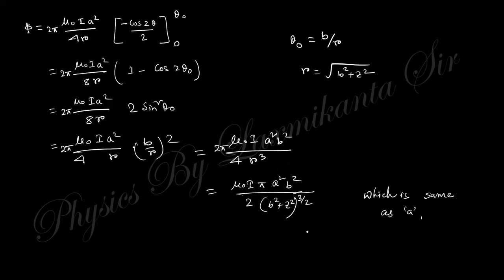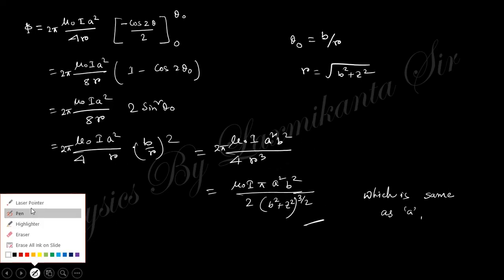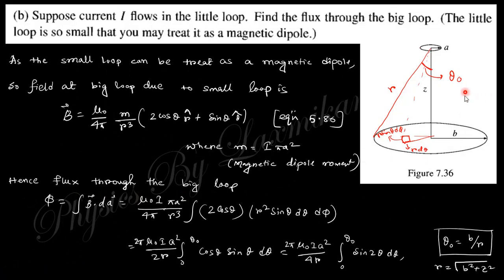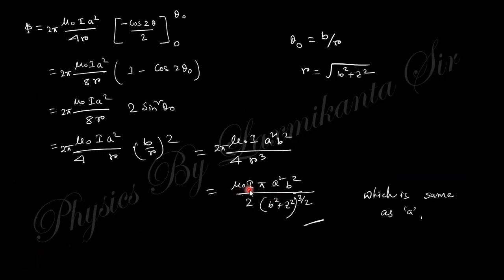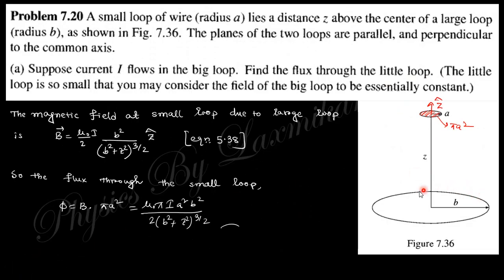Okay, so in our observation, you can see the expression we obtain, that is the flux due to the small current loop through the large loop, is mu naught I pi a square b square divided by 2 times this. And the reverse one, where current flows in the big loop and we measured the flux in the small region, is also the same, right?